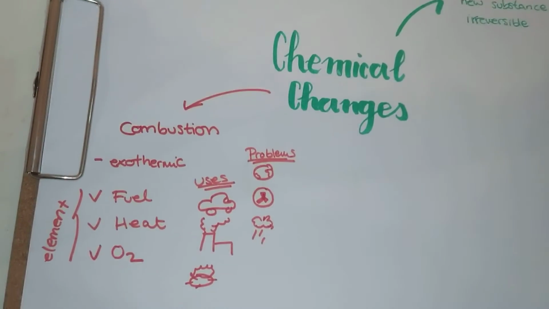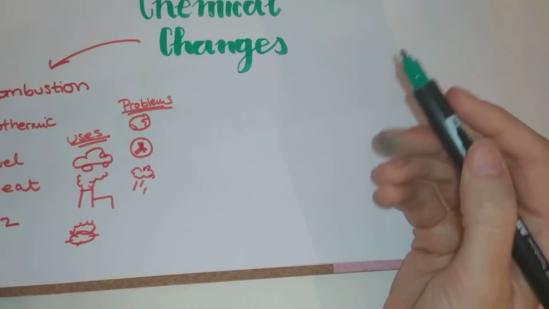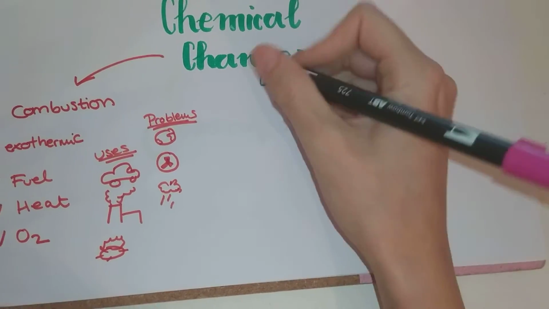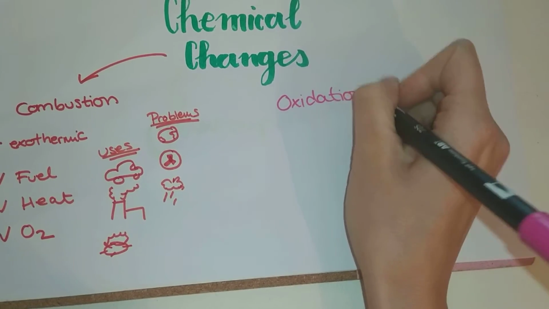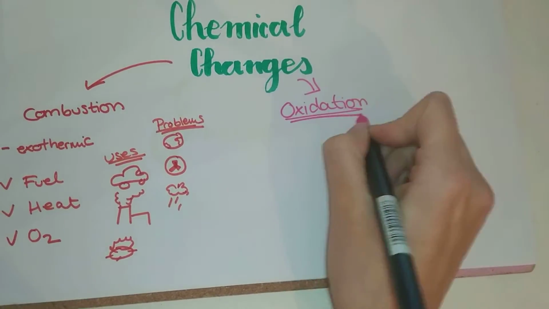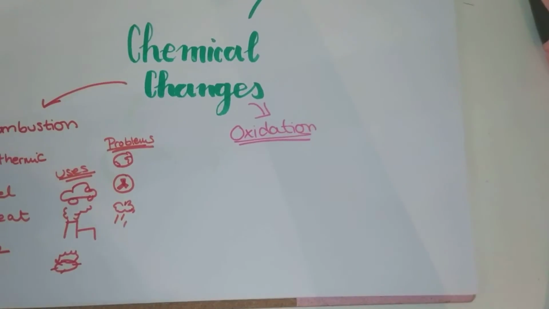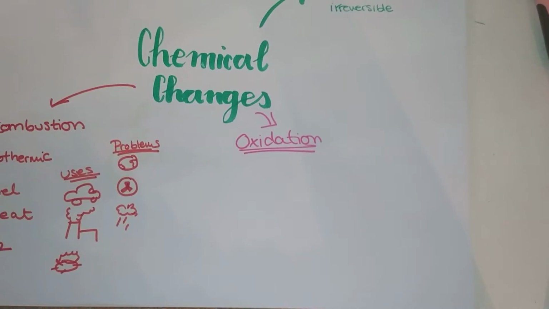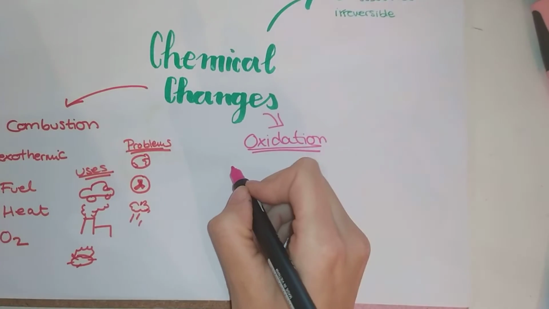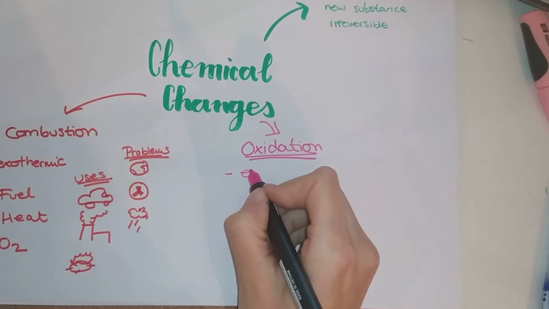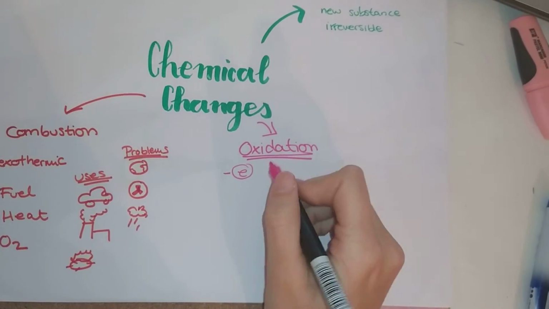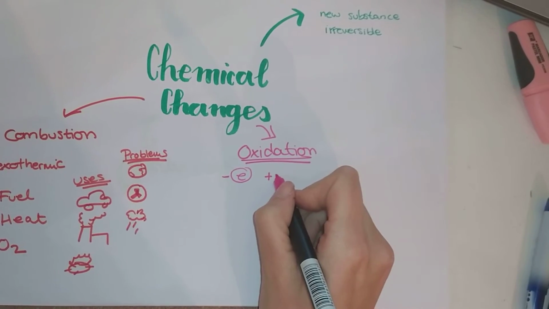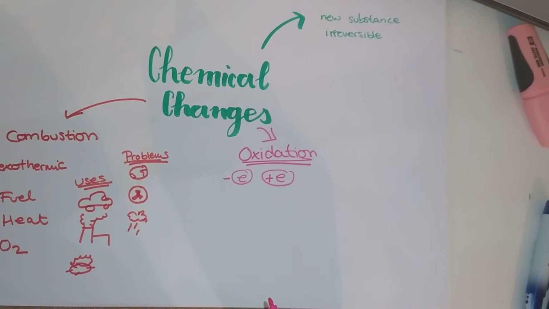Okay, let's talk now about oxidation. Oxidation is a chemical reaction in which an atom loses one or more electrons and another atom gains one or more electrons.